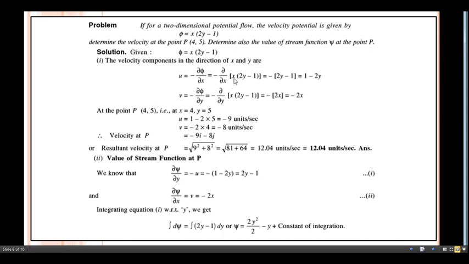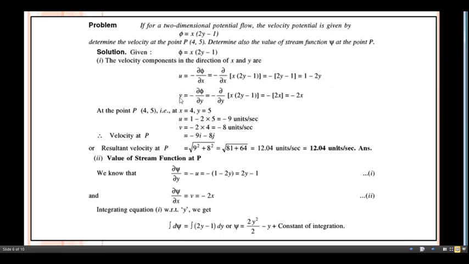So what's about the derivative of this one? This term is a constant term and the derivative of x with respect to x is nothing but 1. So this term will remain as it is. So minus (2y − 1), okay, with the minus sign outside of that bracket. So we can write this in this way. Minus minus becomes plus, so 1 − 2y can be written here in this way.